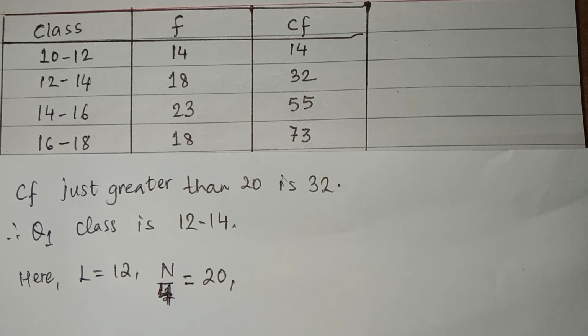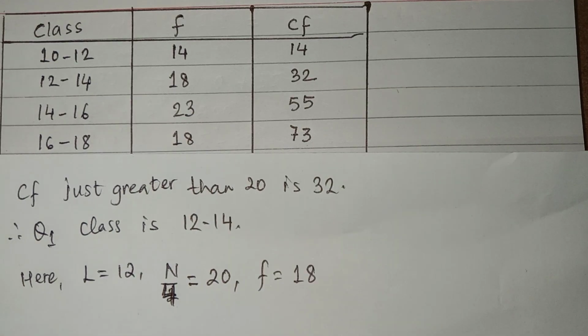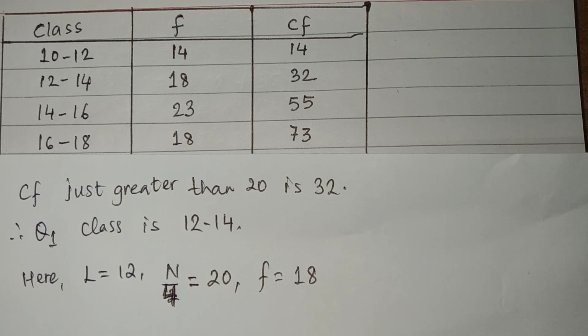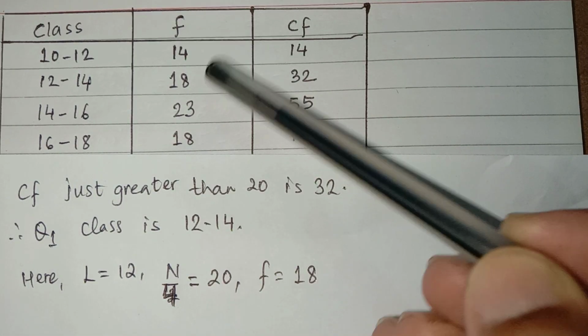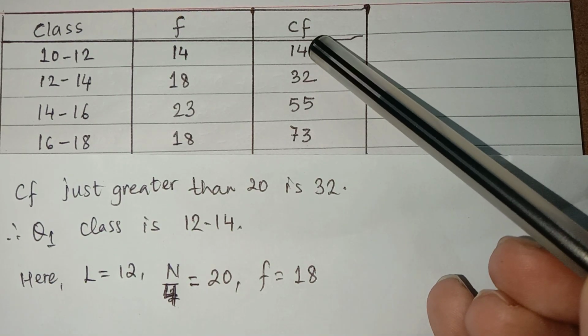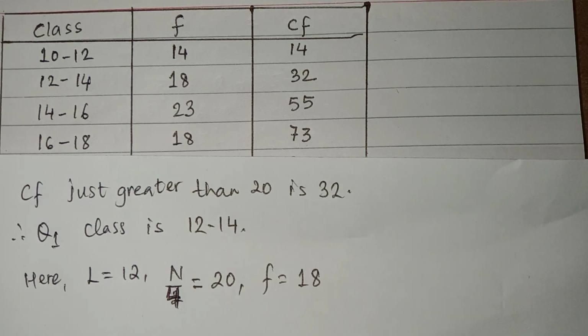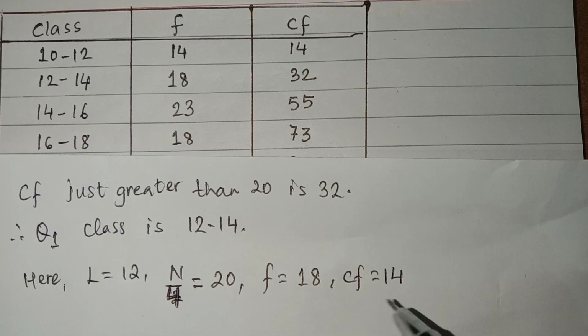And the frequency of this class is 18. So frequency is taken from the Q1 class, and the cumulative frequency CF will be taken from the previous class, that is 14. So CF equal to 14.